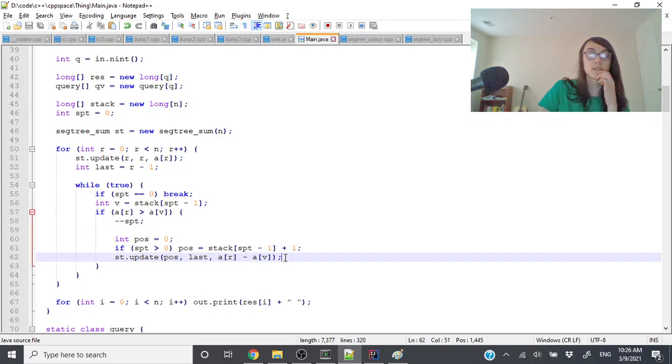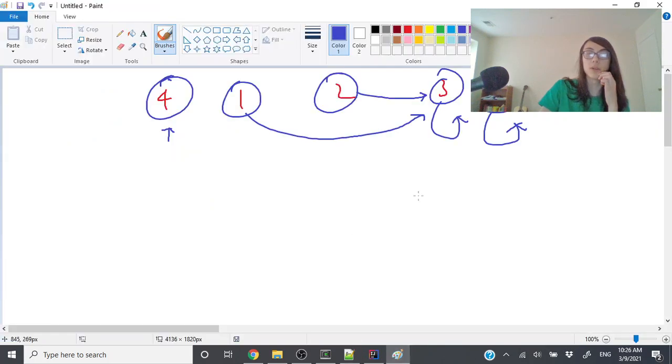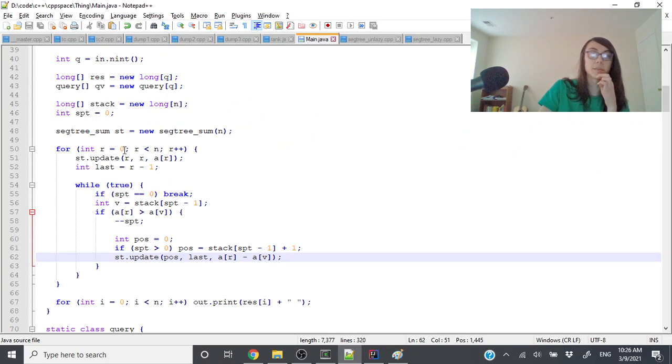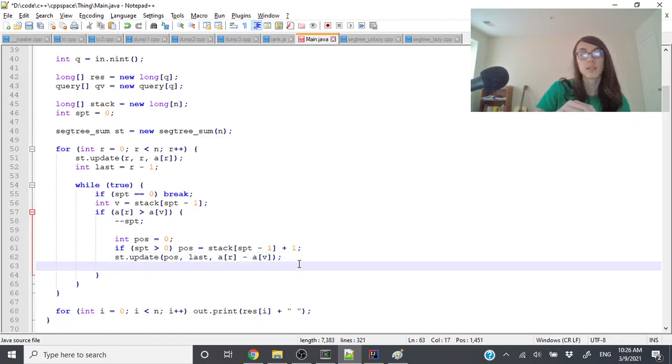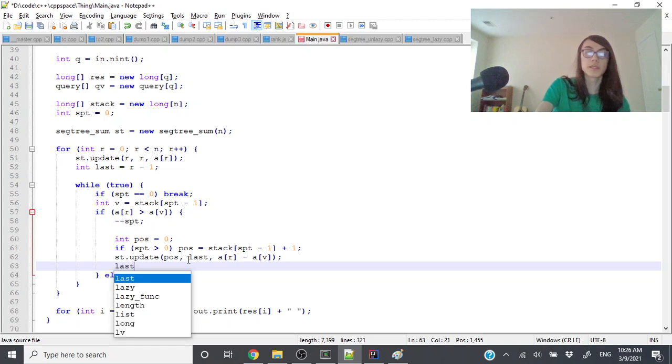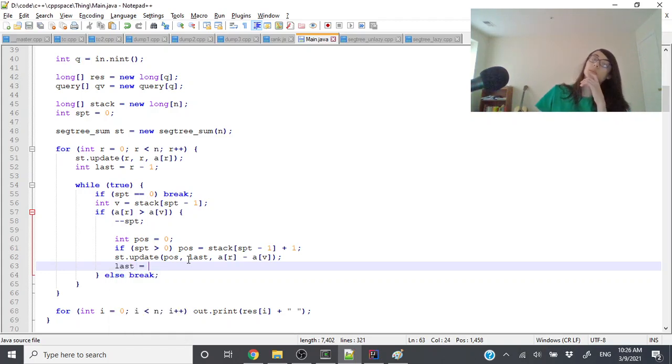And also the strategy here is that every moment the element in the segment tree corresponds to the greatest element to the right of it, that's within the query interval. And we're sweeping the query interval right. That's the idea. So then what we do is else break. What we do is last is equal to, what would this be?